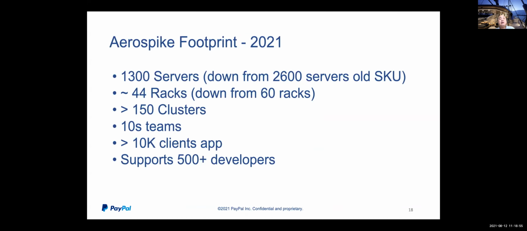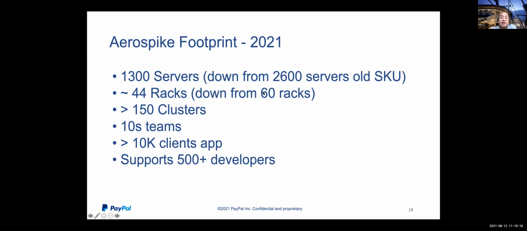So in summary, at the end of 2021, by using this hardware configuration, we were able to reduce our footprint from supposedly 2,600 servers down to 1,300 servers. And from a number of racks point of view, we reduced it from 60 to 44. Obviously, some of the racks are not fully filled.